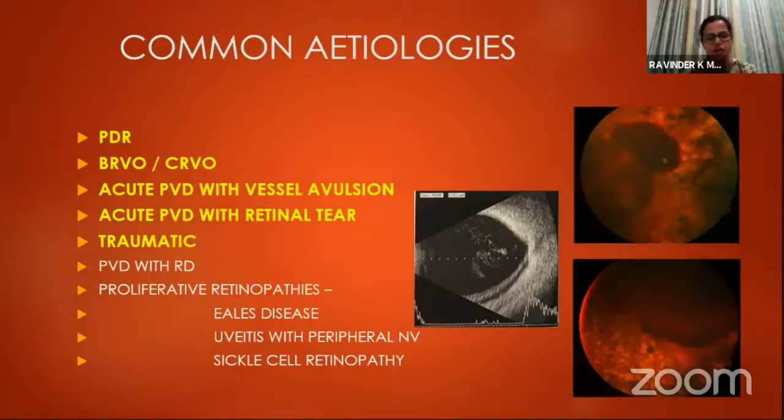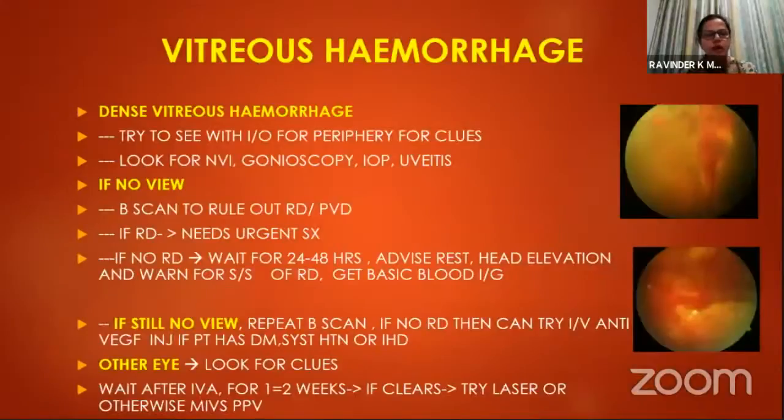If there is evidence of uveitis, obviously there could be presence of peripheral neovascularization, which would have led to vitreous hemorrhage.